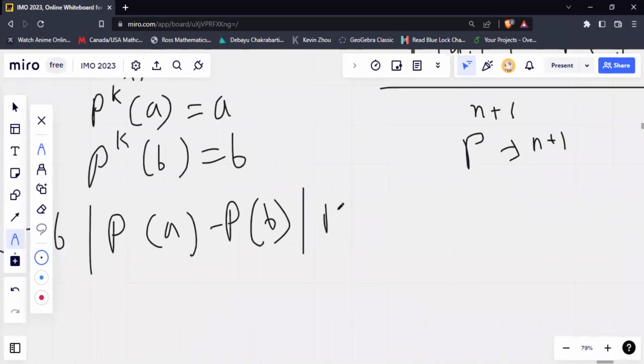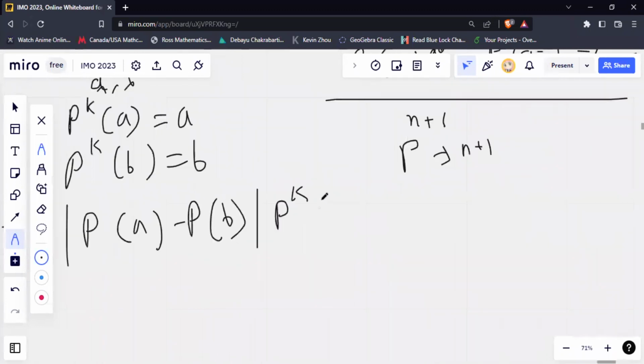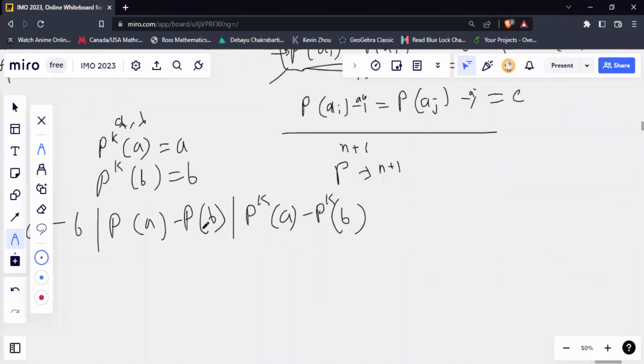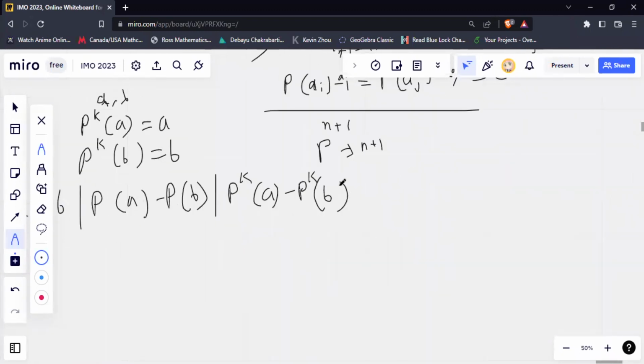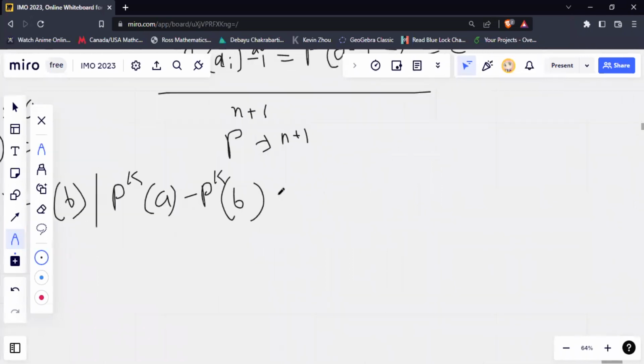And now p of a minus p of b divides p to the power k of a, because we are applying p again and again. But this is equal to a minus b.